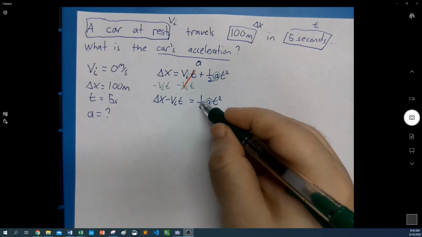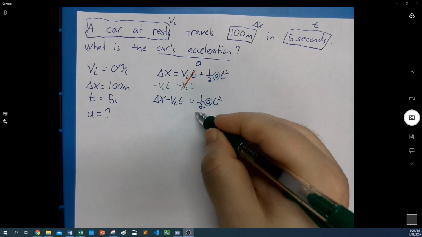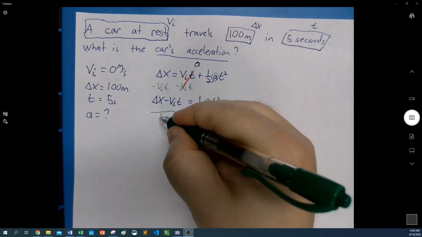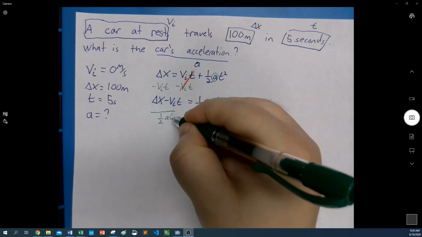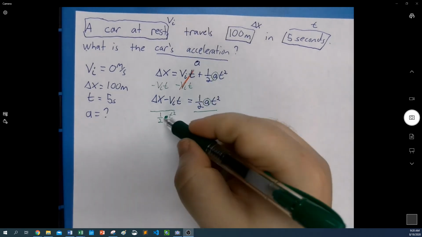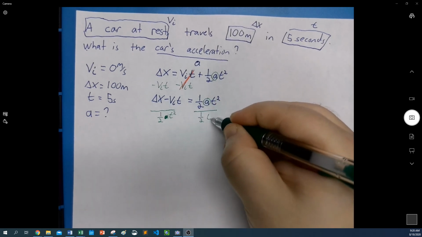So A is being multiplied by 1/2 and T squared. So I'm going to divide both sides by 1/2 and T squared.